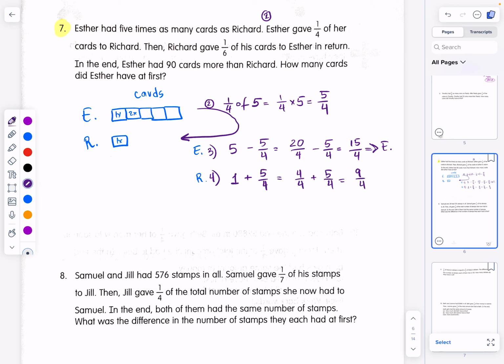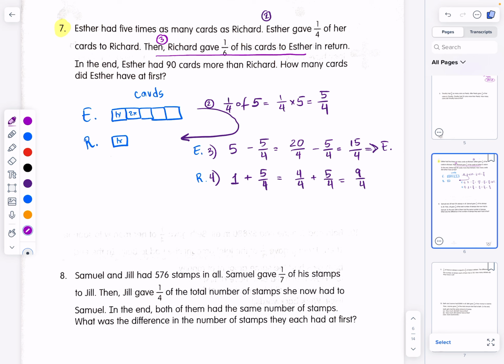But that's not all. What happened afterwards? Then Richard gave 1/6 of his cards to Esther. That's sentence number 3. I'm picking up a different color. Notice there are more exchanges happening. What did Richard do? 1/6 of his cards.